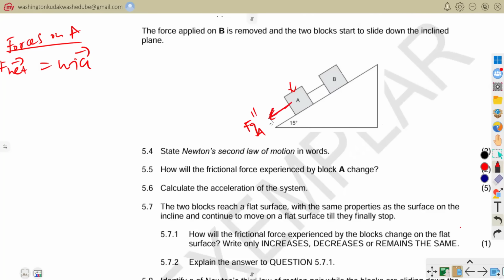As this is sliding down, it slides due to this parallel weight component. And then here I would have a tension due to object B, and also a frictional force that is trying to oppose this motion down. So here I would have FG parallel of A minus the tension minus the frictional force.